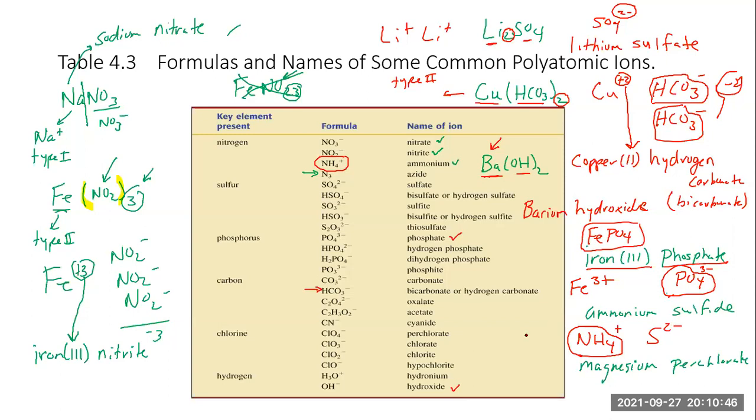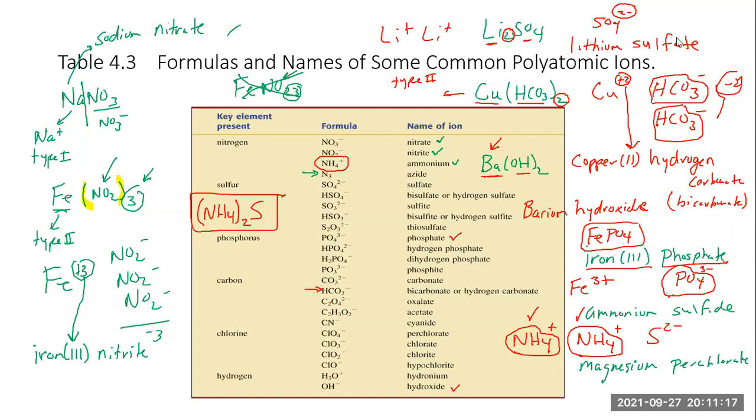That means we need 2 of these NH4 pluses. Because we need 2 of them, we put parentheses around them with a 2 on the bottom. That indicates we have 2 of these, and we have 1 sulfur. So that would be (NH4)2S. Question on that one?